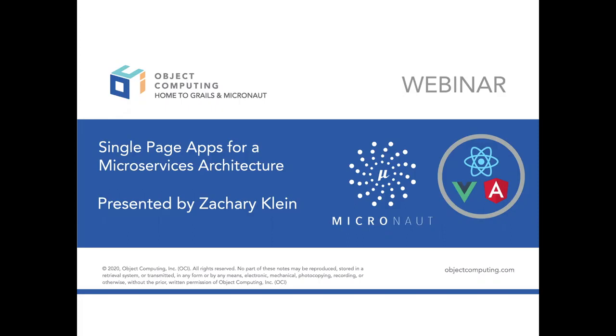Okay. So this is a question about if you're building a single page app in say Vue.js, should I use Grails or Micronaut? That's going to depend a lot on the kind of application you're building. I would suggest try Micronaut if you're interested in it. Or if you have Grails experience or you're interested in Grails, try that. If you're just building a front end and a back end, there actually might be some features in Grails that you might like, like JSON views.